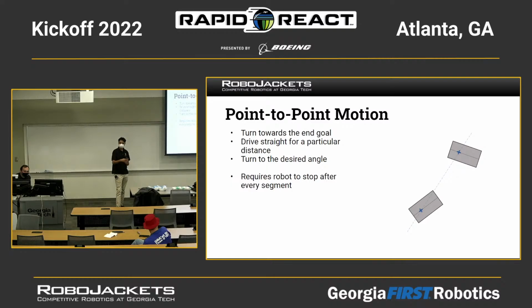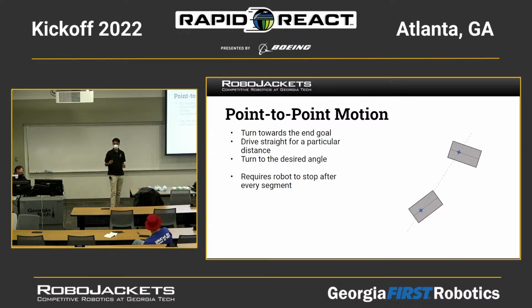I'm going to stop. I'm going to turn until I'm facing the next place I want to go. And then I'm going to continue driving. And, with the knowledge that you've gained so far, this is pretty effective. You might as well start out trying this if this is your first time writing some autonomous code. This is a great start.